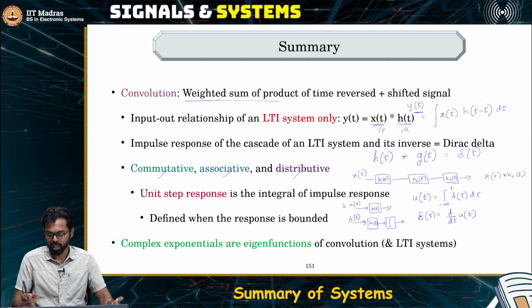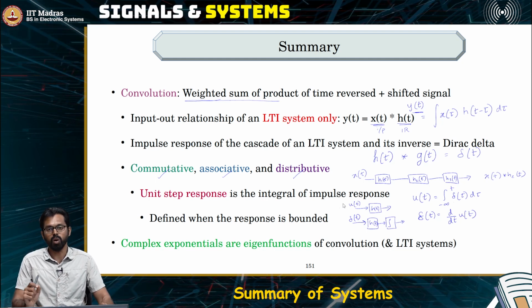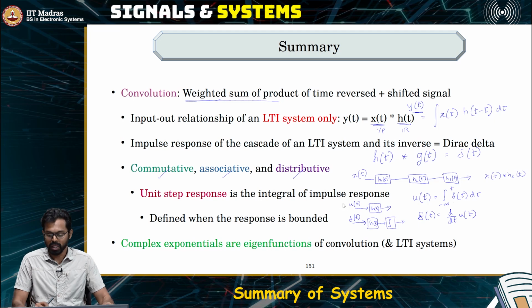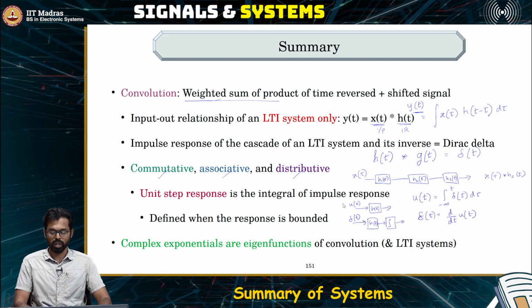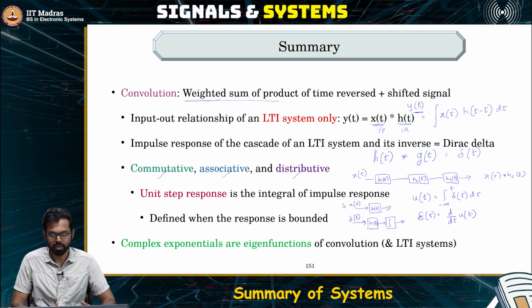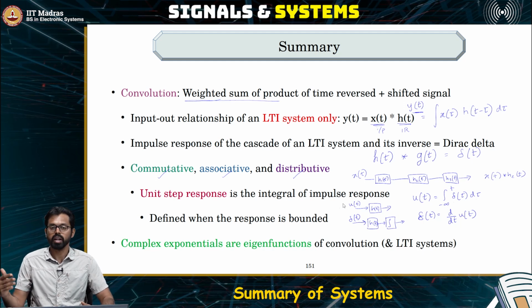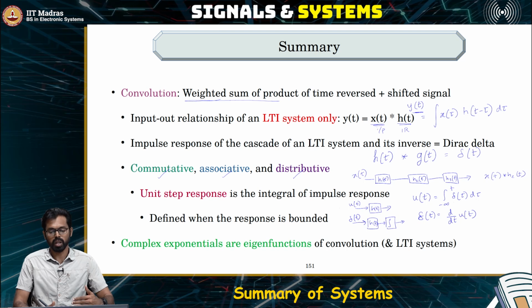So remember, this commutation or swapping of the systems makes sense only when the output of each system is defined. It is not going to infinity. For example, you take the integrator, and if you feed in a constant signal to this integrator, it produces an infinite output at the end of the system. So the output is always infinity.